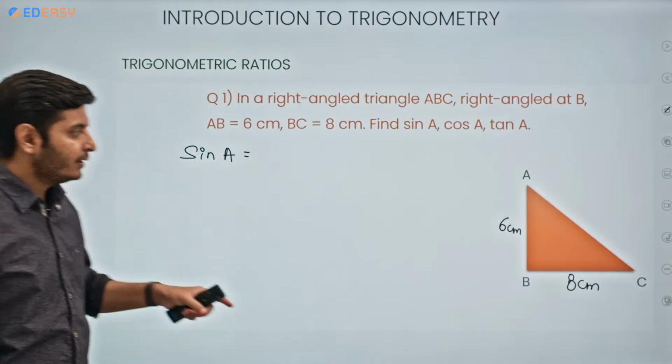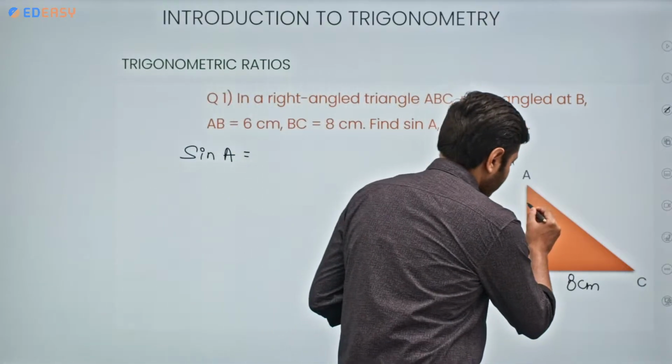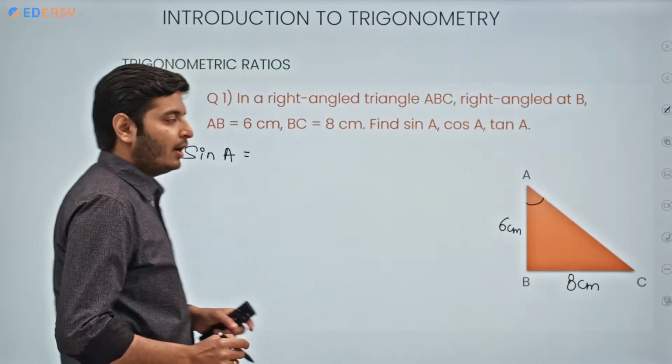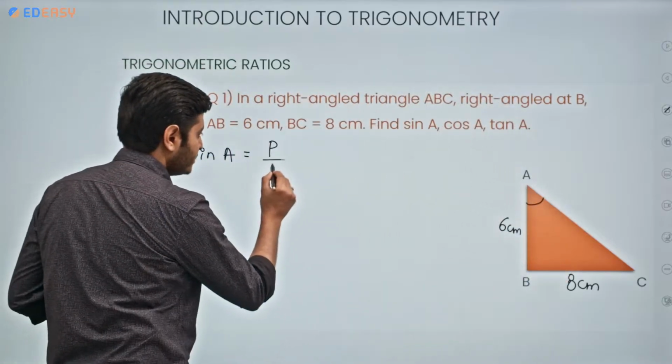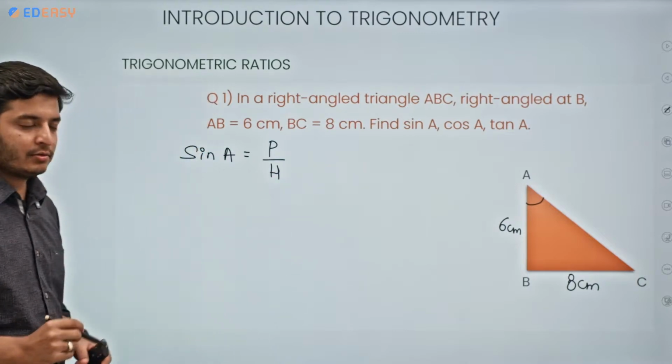So which angle we are referring to? Angle A. So let me put a mark here. Now it is perpendicular by hypotenuse.